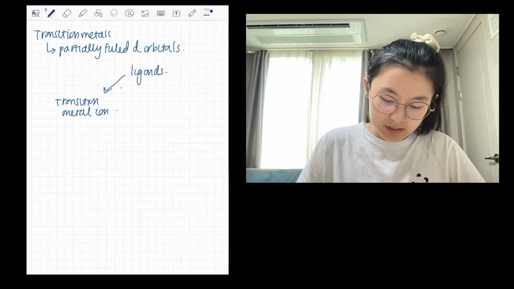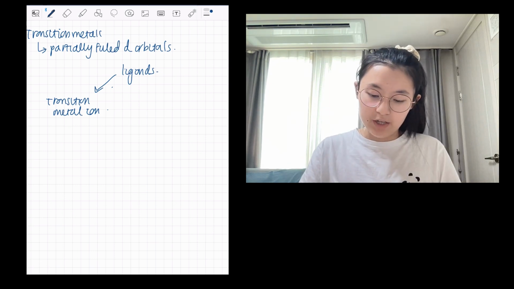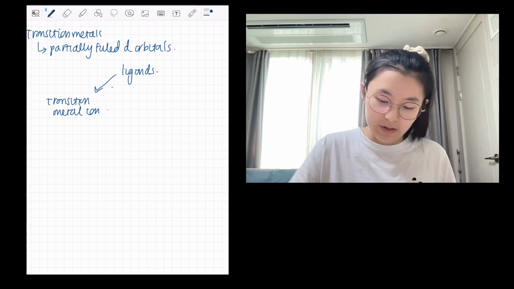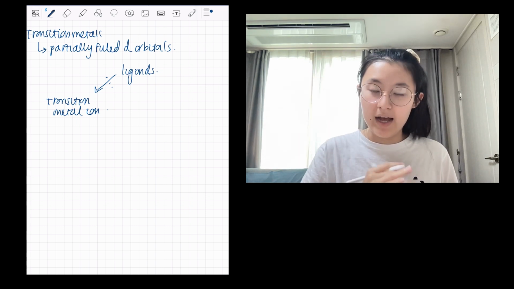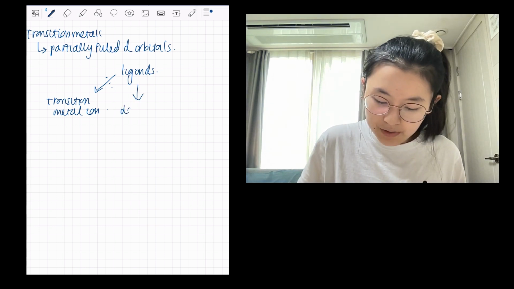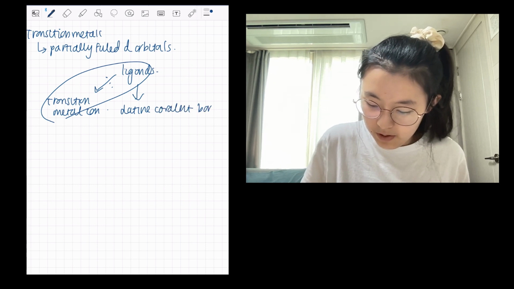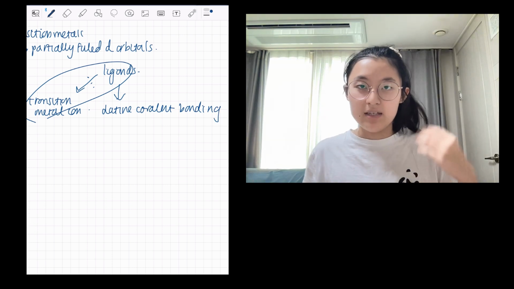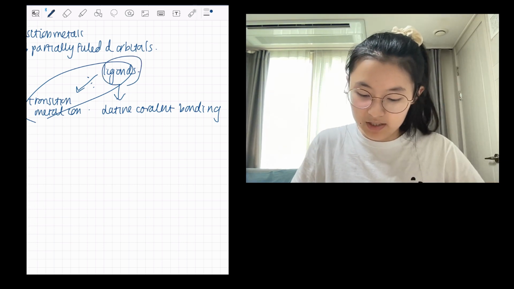When the ligand and the transition metal ion form the dative covalent bond, the lone pair of electrons of the ligand will be located right here, and it's going to push the transition metal ion's original electrons in its d orbital shell. Dative covalent bonding is a type of covalent bonding wherein the electrons that are shared come from only one party, which is in this case the ligand.